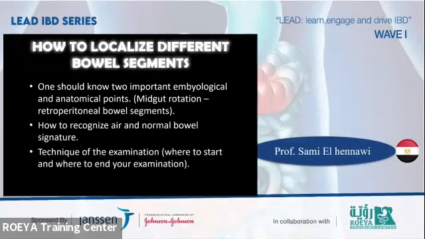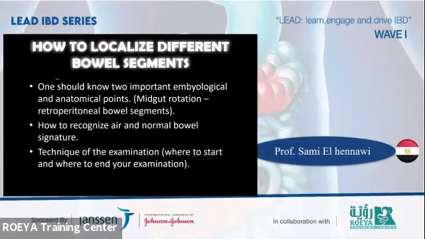Firstly, we should know some important points before we proceed to the technique of the examination. We should know some important points about the embryology and the development of the gut, to diagnose midgut malrotation and to know the retroperitoneal bowel segments before we scan.